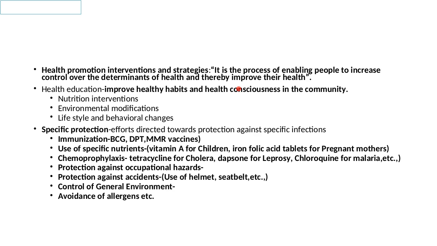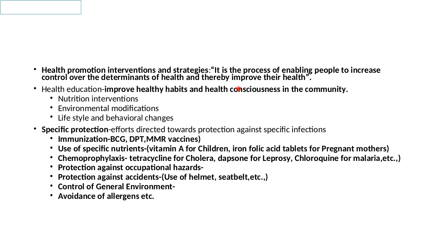When you're giving iron supplements to pregnant women, you're targeting anemia from occurring in that woman. Another one is chemoprophylaxis. We're giving drugs targeting a specific infection such as malaria, etc.